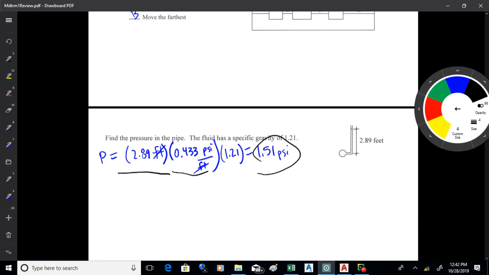It's feet that you want, because our conversion goes feet to psi. Sometimes people get a little confused on that because it's psi and they want to get the depth in inches, but you don't. You use feet, and it's right there on the formula sheet. Yeah, because that conversion's actually in psi per foot. Right, exactly. And people, again, tend to overthink it, I think, is the problem there.